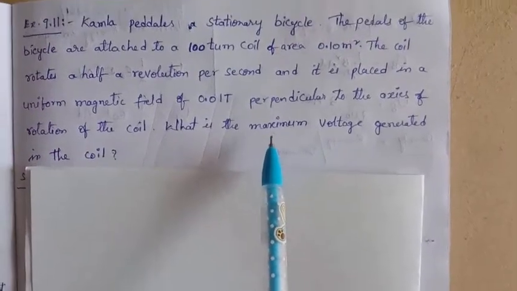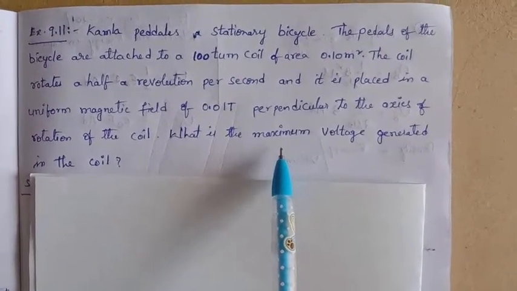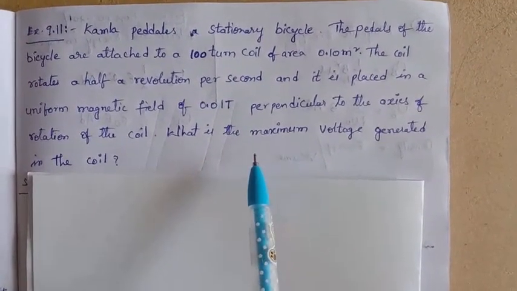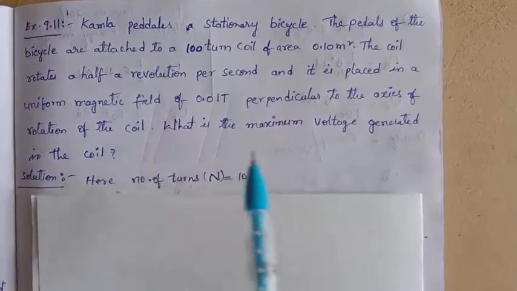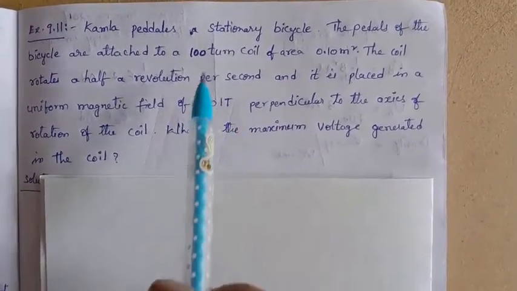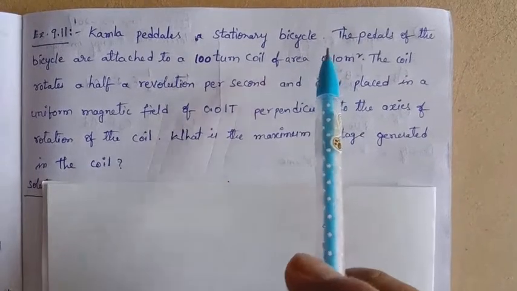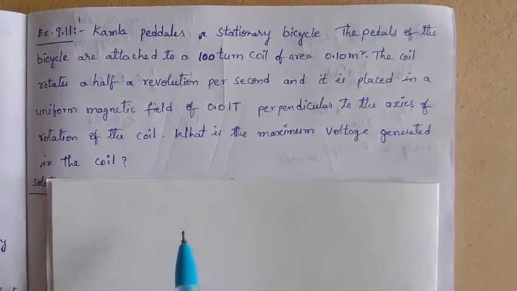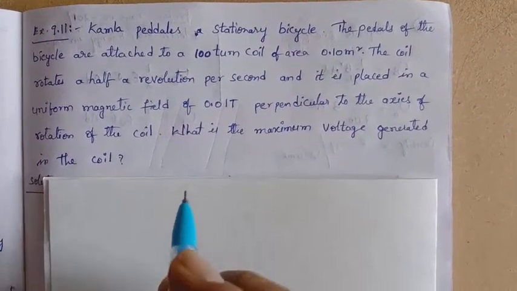So here the coil is rotated in a uniform magnetic field, that is nothing but an AC generator. Kamala pedals a stationary bicycle, the pedals of the bicycle are attached to a 100 turn coil.